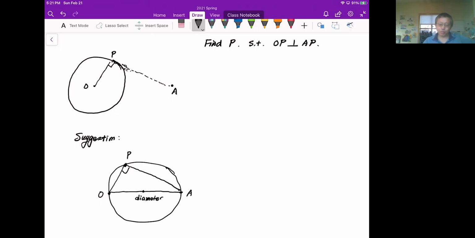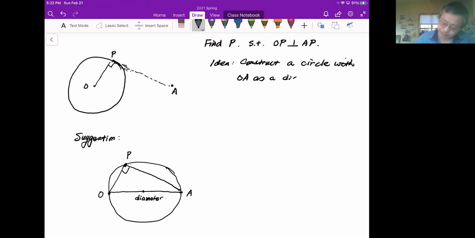So basically, what I want is to construct a circle with OA as a diameter. If I can do that, then I'm done, right?